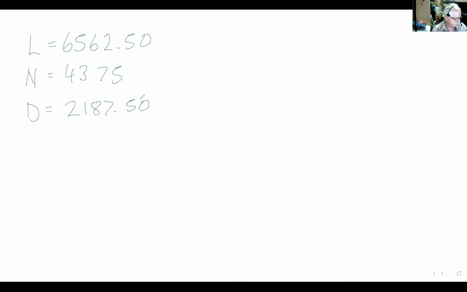Whenever you're calculating rate of markdown, keep track of the higher price, which is 6562.50. The lower of the two prices, which I'm going to call the net, 4375. And then the dollar value of the difference, which I found to be 2187.5.